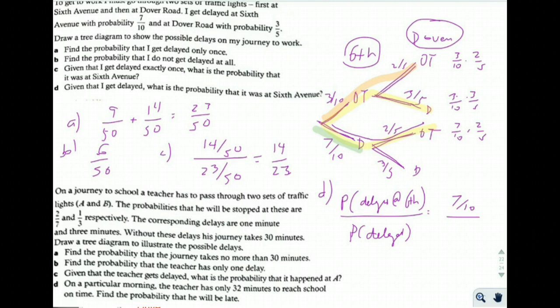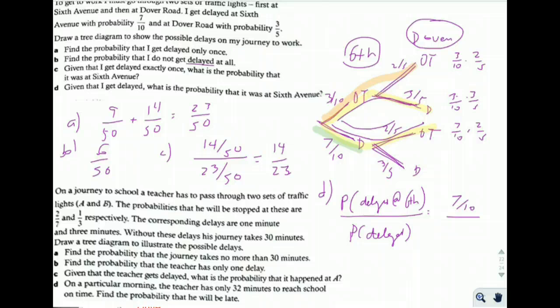And then the probability that I'm delayed at all would be any of them except for the top one. So it would be this, this, and this. So it would actually be the inverse of the probability I do not get delayed at all, which we already know is 6 over 50.